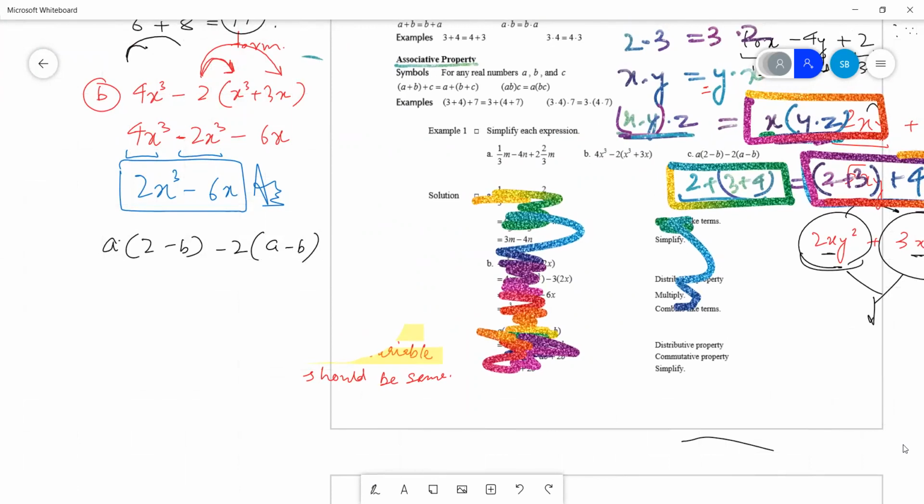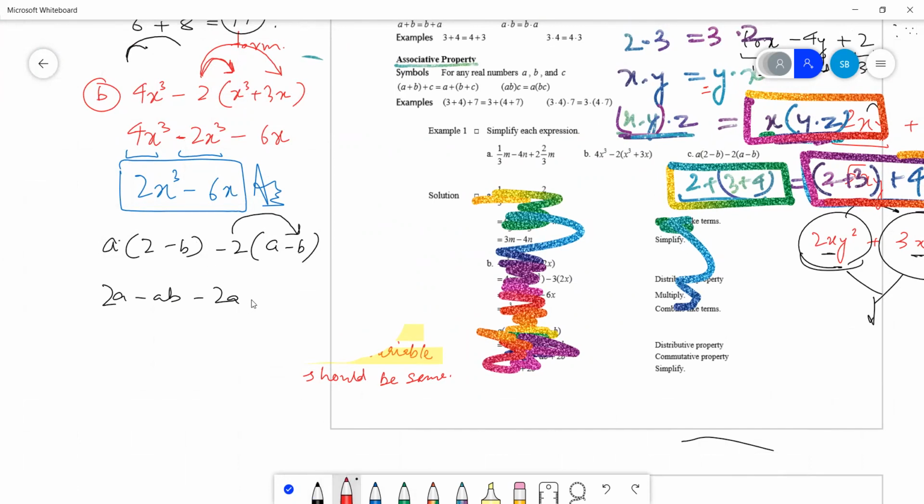Okay, so would that be 2a negative ab, minus 2a negative 2b?